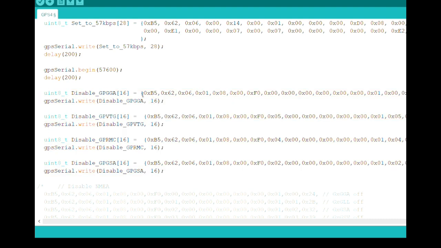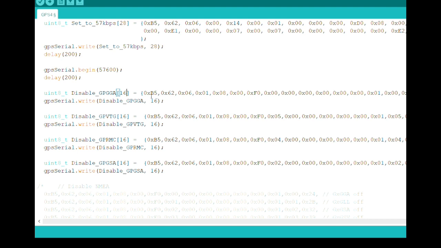The way we communicate with the GPS, or instruct the GPS module, is by sending these characters or bytes over the serial terminal. So this disable GPGGA is basically an array of unsigned 8-bit integers, or bytes. There are 16 such bytes, or 16 characters.